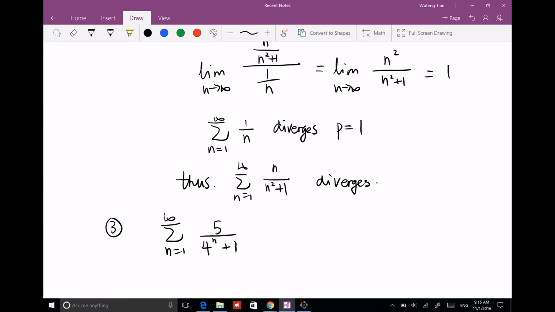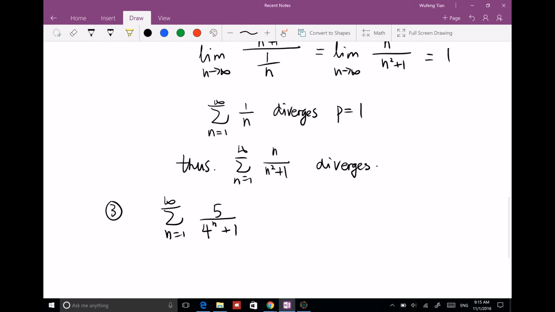I'll give it 10 seconds. All right, I'm going to ask a student here, see if you think it diverges or converges. All right, Taylor, what do you think about this one?